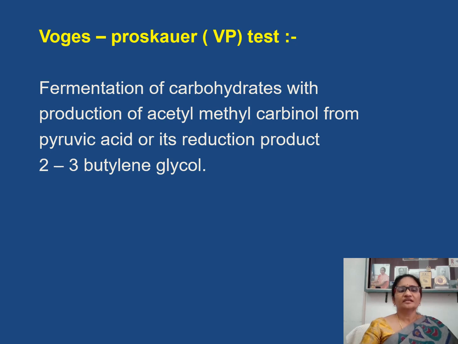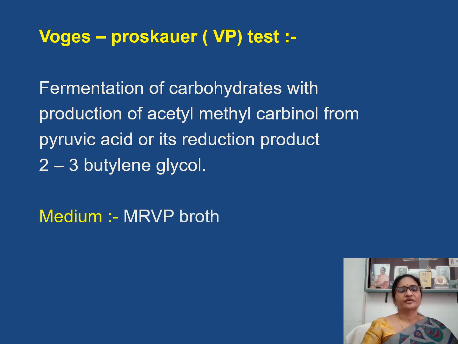In the MR test, the carbohydrate is completely utilized to give stable acid end products. But here some of the bacteria utilize carbohydrate and produce only intermediate products, not the end products, like acetyl methyl carbinol or 2,3-butylene glycol. That property we can detect with the VP test.